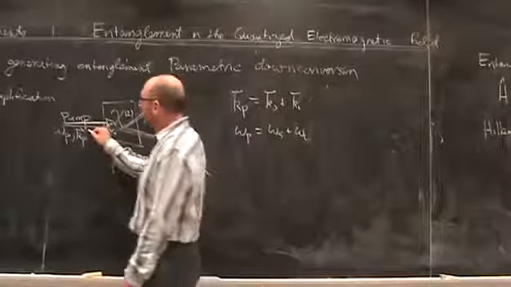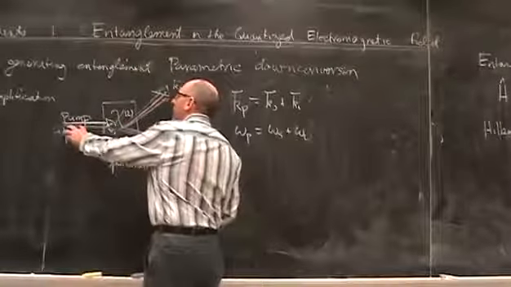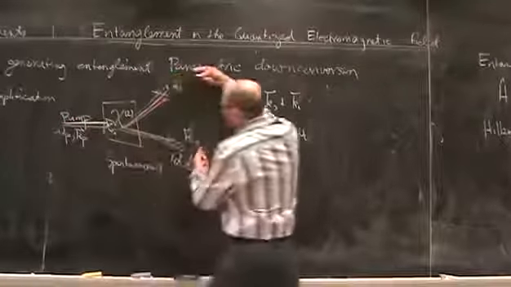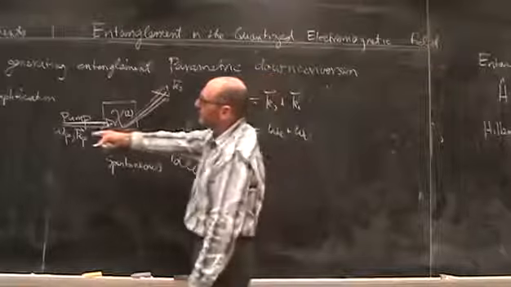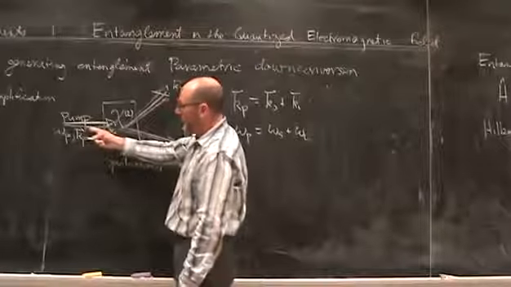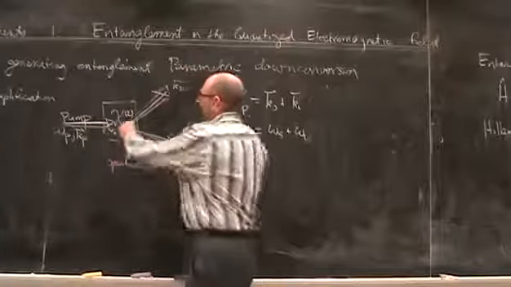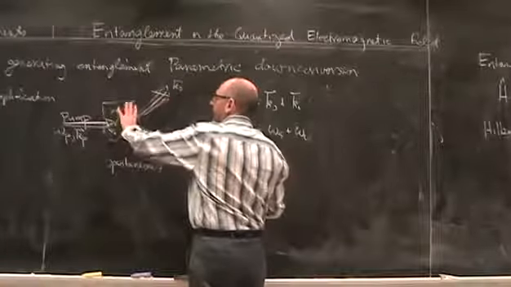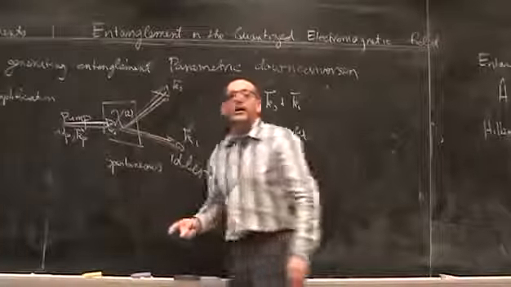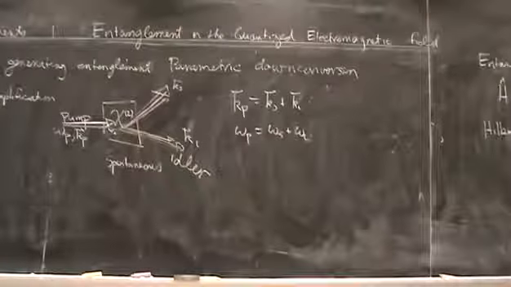It's a spontaneous decay, or emission, if you like, of these two photons. It involves an annihilation of this ultraviolet photon conjoined with the creation of this photon pair, the signal and the idler.